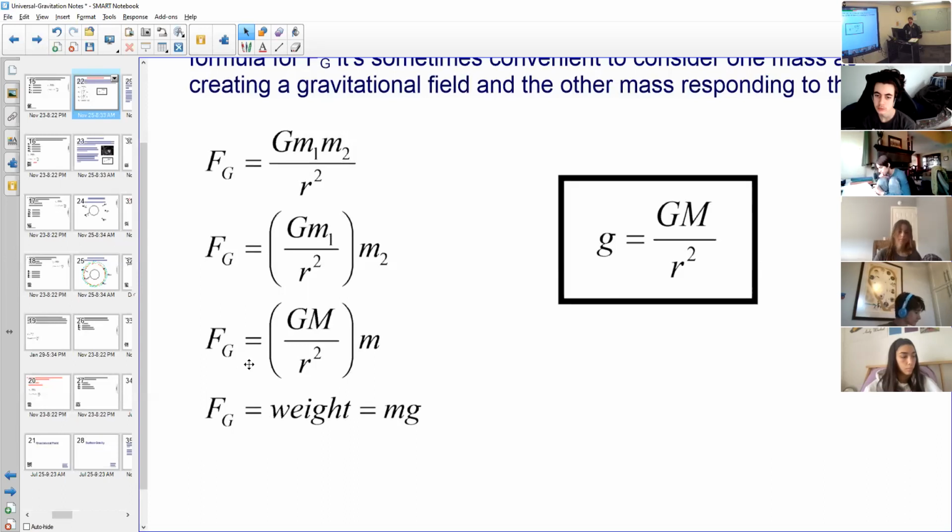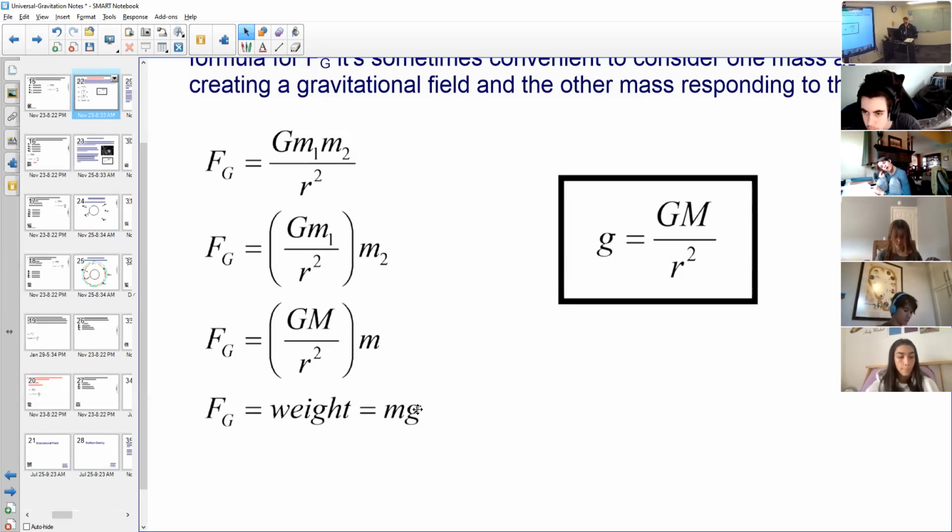So if we know F of g is capital G, capital M over r squared times little m, and it is also little mg, we can set those equal to each other, and what cancels? Masses. Yeah, the lowercase mass, the m here and the m there would cancel.